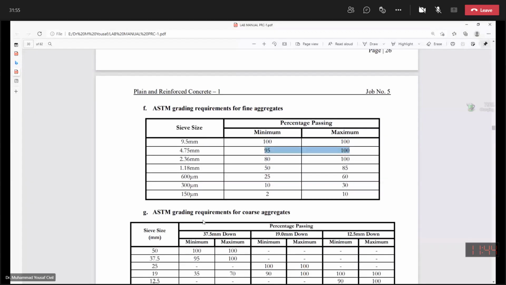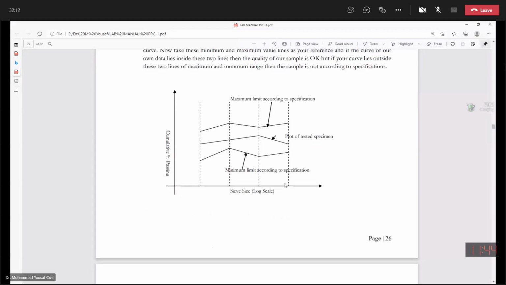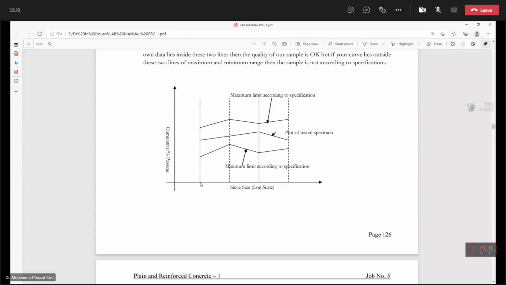So ASTM gradation for fine aggregate, for 4.75 millimeter size, it should be between 95, which is the minimum, and 100, the maximum. Okay?